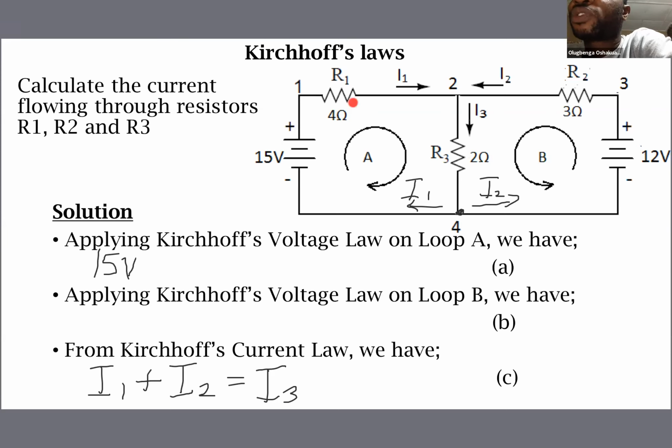Then we get to this resistor R1. This is the direction of our loop. It also agrees with I1. Since I1 flows through R1, it means that I1 R1 has dropped in this circuit.